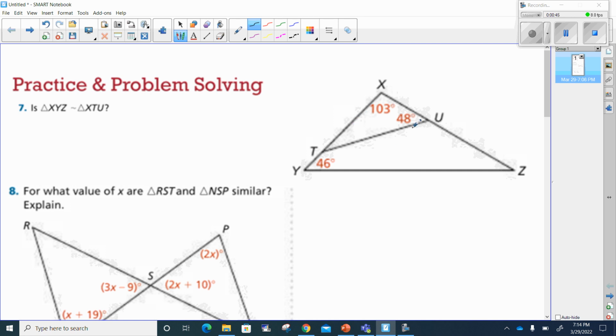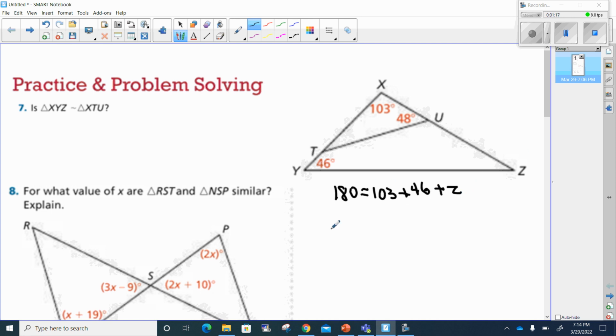We need to count the angles. So we're going to take 103 and add it to 46. I'm going to subtract it from 180 to find out what z is, because we know that all three angles have to equal 180. So that means 180 equals 103 plus 46 plus whatever z is.